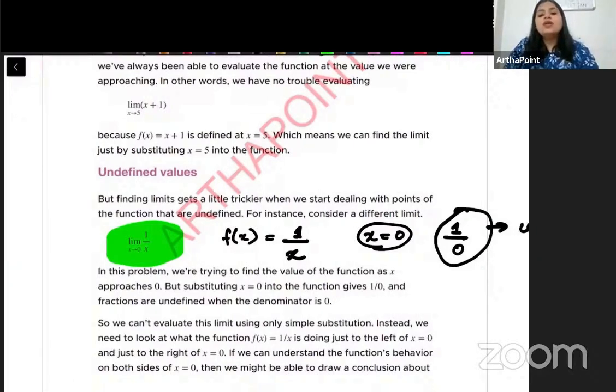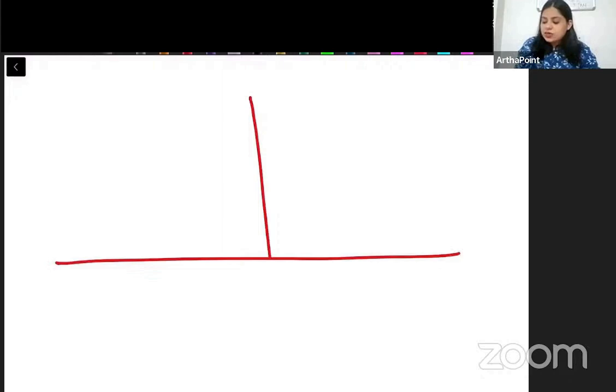So in such cases, we may want to look at what happens to this function as we approach 0 from the left-hand side and from the right-hand side. We will talk about all of this in a little more detail, but we want to ask: at x equal to 0, if I cannot define the function, then can I ask what happens when it is very close to 0, but a little less than 0?